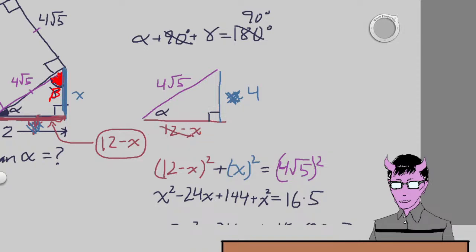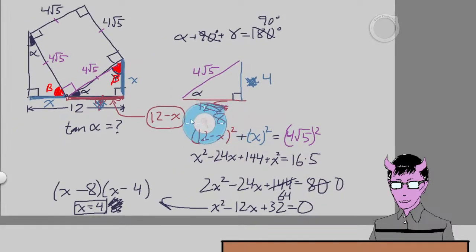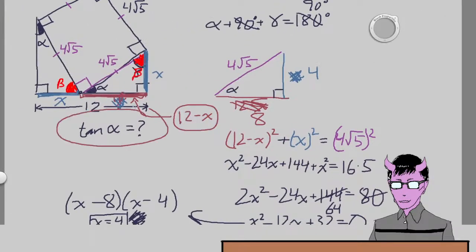So 12 minus 4 is 8. But let's not lose sight of what we're supposed to do. We're supposed to find tangent of alpha. That's this angle right there. Okay, it's doable. We have all our sides at this point. So from the perspective of angle alpha, tangent is going to give us the ratio of opposite 4 over adjacent 8.